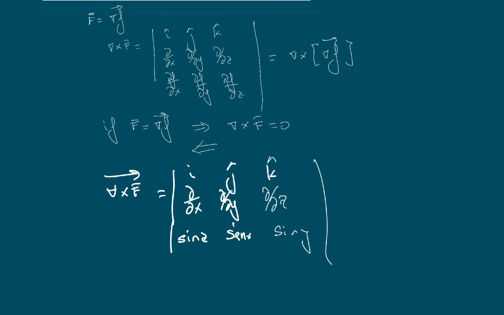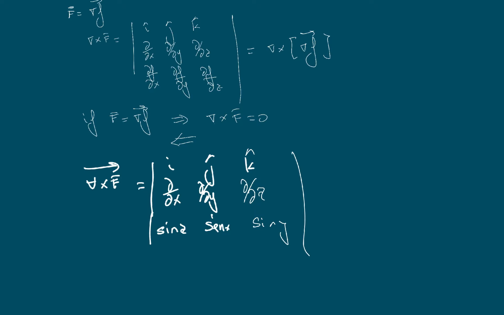If this is zero, the vector field is conservative. So let's find one component, the i component. The i component will involve the partial derivative with respect to y of sine of y, which is cosine of y, and the partial derivative with respect to z of sine of x, and this is zero.